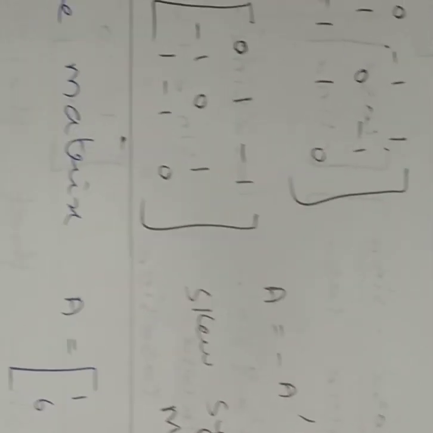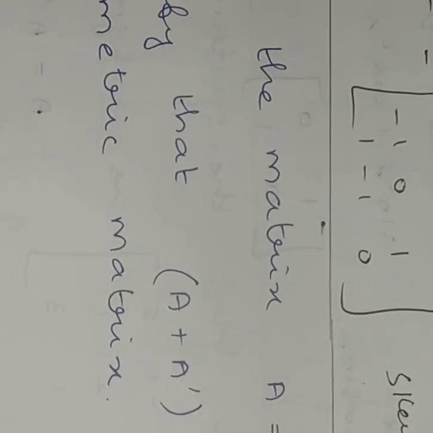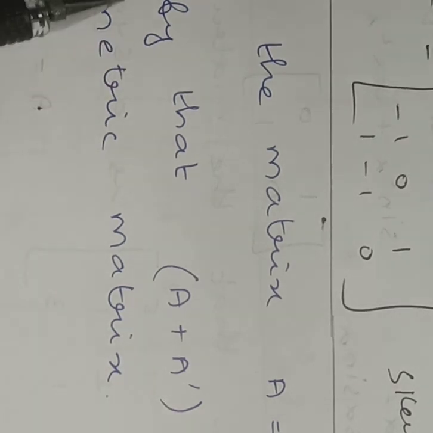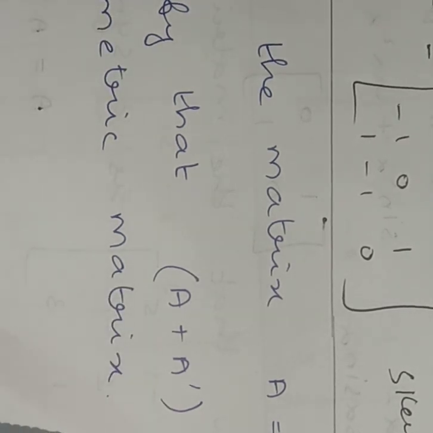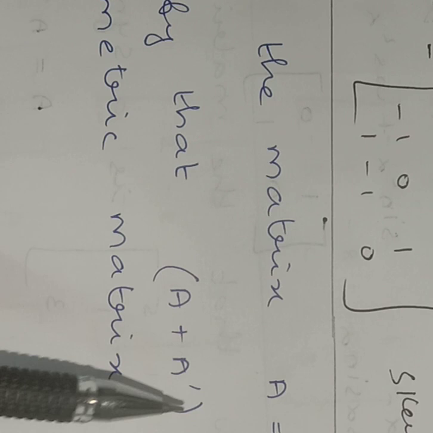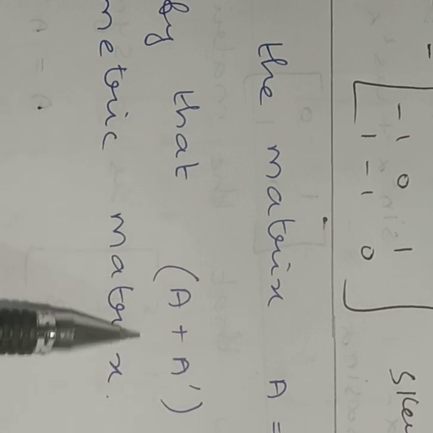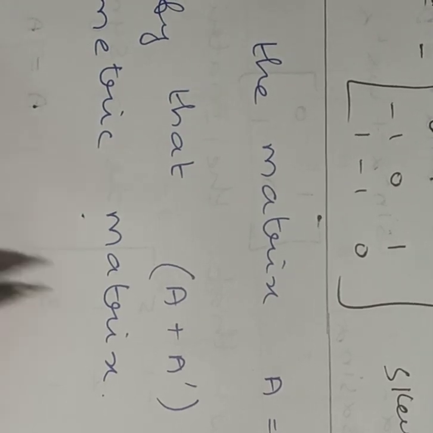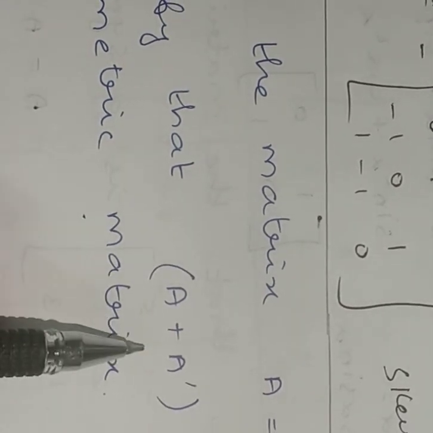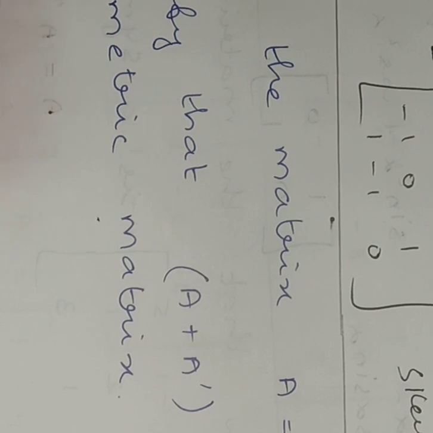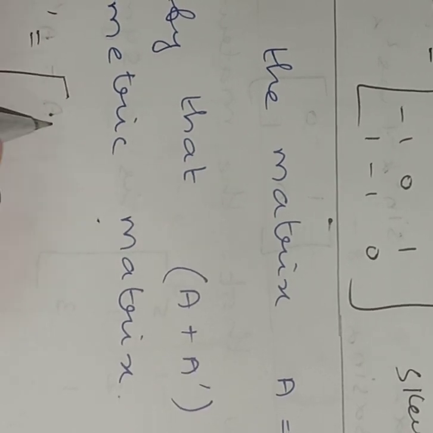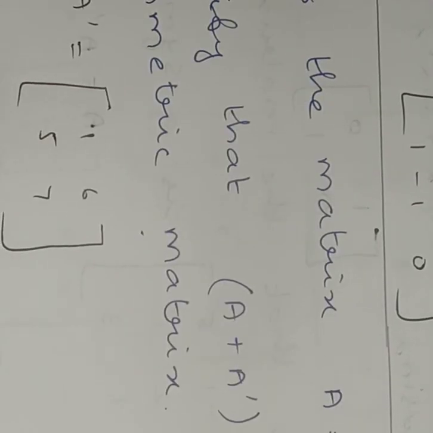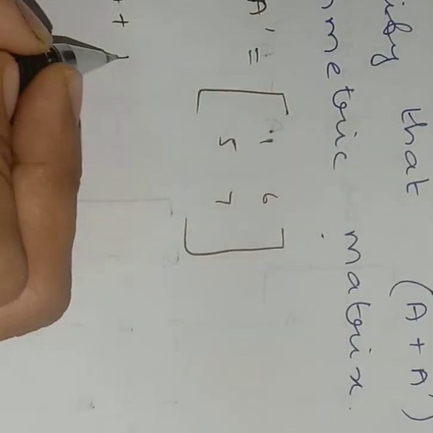Okay, the next eighth question, for the matrix A is equal to 1 5 6 7, verify that A plus A dash is symmetric matrix. So A is given, verify that A plus A dash is a symmetric matrix, right? So how to do this? First you find A dash. So A dash is 1 5 6 7. So A plus A dash.